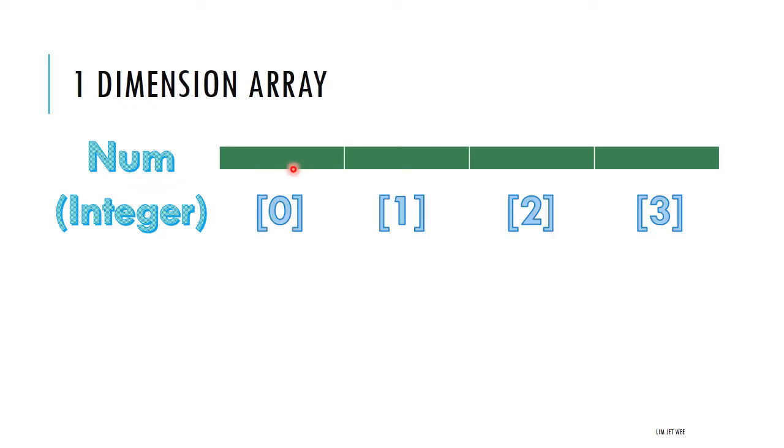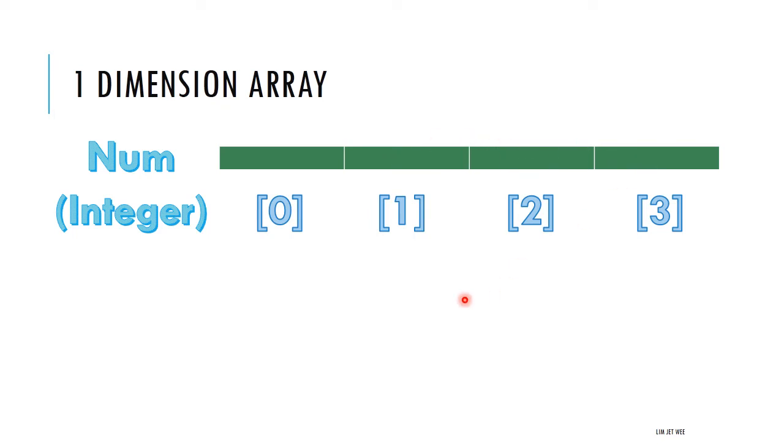Now, if I have 4 areas to store values in num, this one dimension array, how do I identify where they are stored, or which of the 4 boxes they are at, or how do I access them? Well, that is where the index comes in. Index 0 points to the first box, then you have index 1, index 2, and index 3.